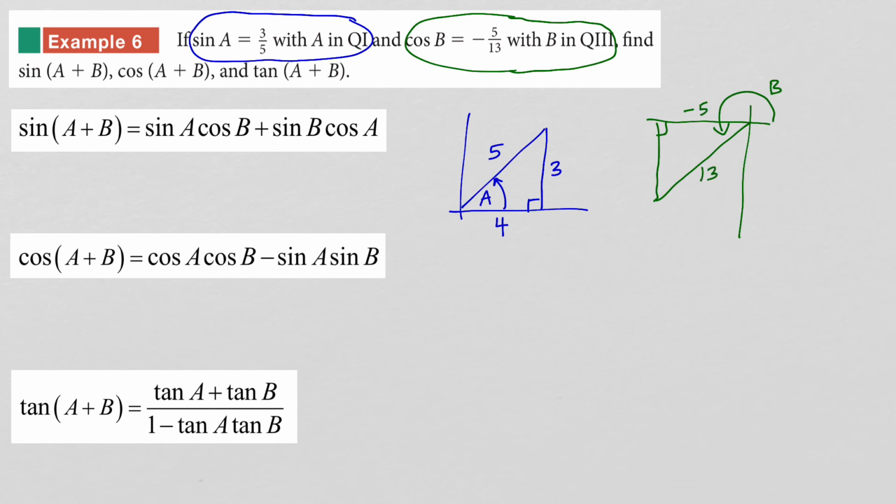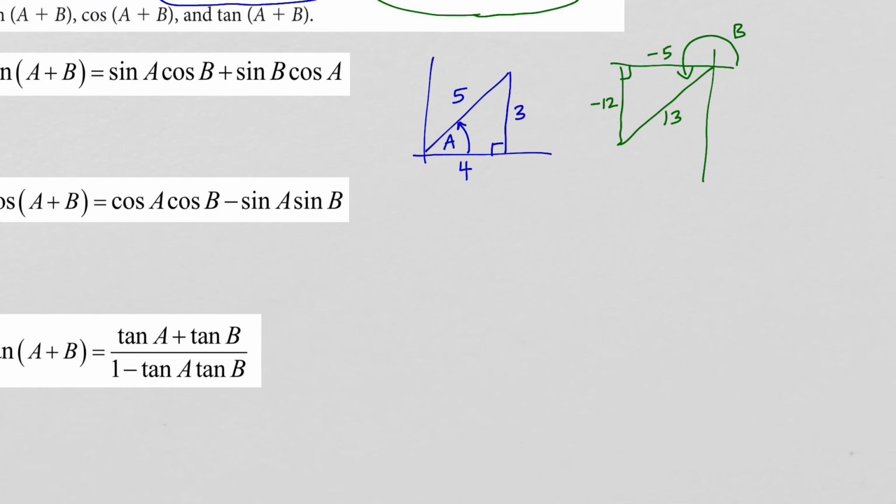Now, you can find the missing side here by using the Pythagorean theorem. I'm going to tell you that this side is negative 12 because this is also a special triangle. It's the 5, 12, 13 right triangle, which we have seen several times now. And since we're in the third quadrant, we know that that side has to be negative.